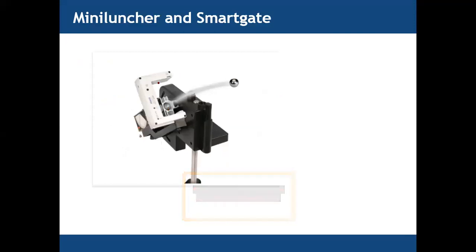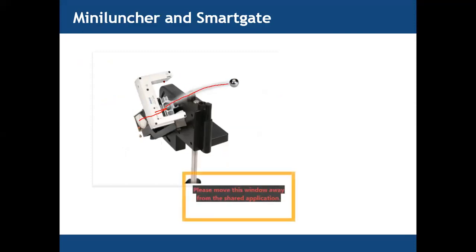When you connect the smart gate with the mini launcher, and it throws a body in projectile motion, when it passes through this gate, the photogate, with the help of laser light, the smart gate detects the velocity, the speed, of the projectile body.